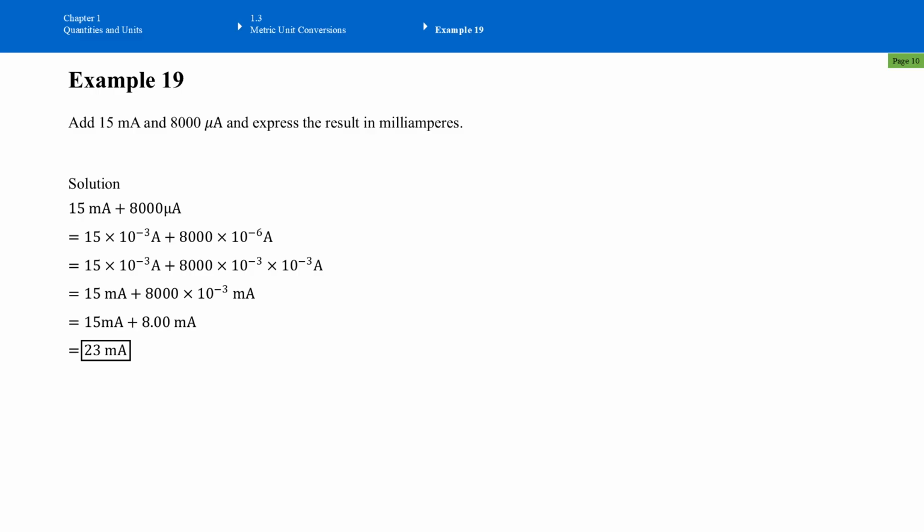That leaves 8,000 times 10 to the negative 3, followed by milliamps. Now we're going to combine the numbers in the second term. We have 15 milliamps plus the 8,000 multiplied by 10 to the minus 3, which becomes 8. So the second term is 8 milliamps. Now we have 15 milliamps added to 8 milliamps. The answer is 23 milliamps.